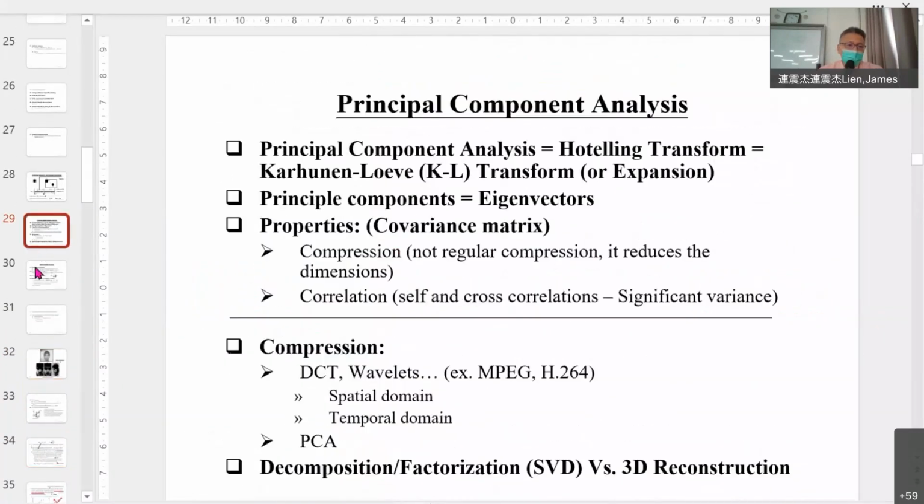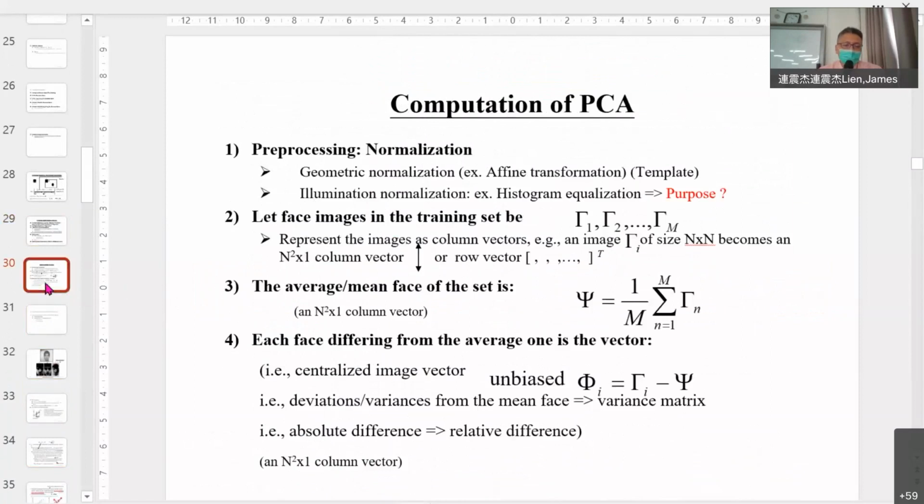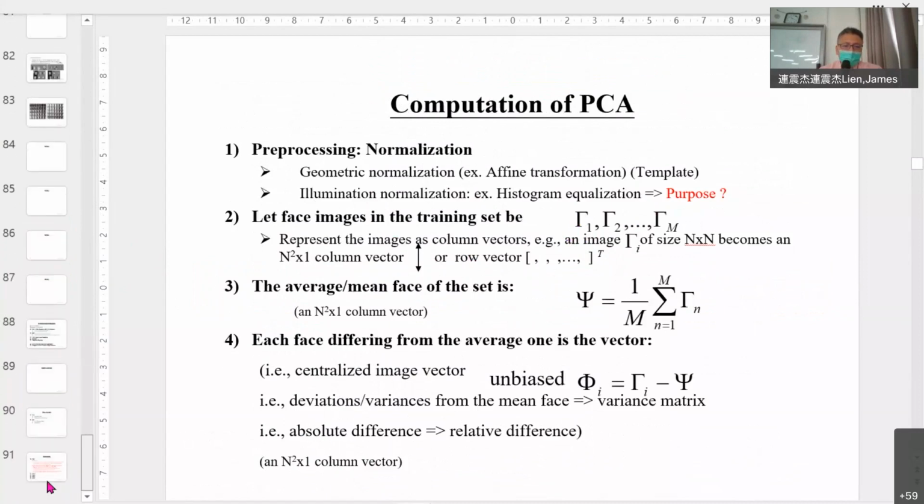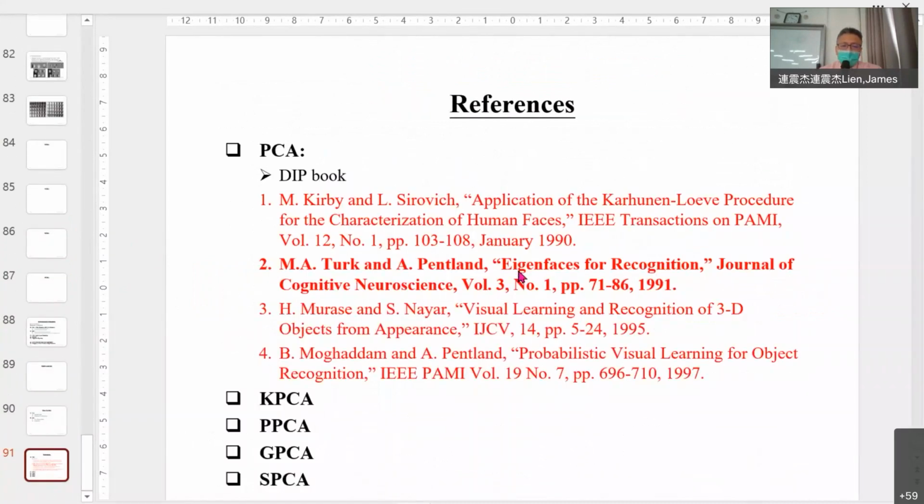For the mathematics, I will go back to page 30. Suppose we have these images. In the last page of my lecture, we'll list the reference. This lecture is based on this paper, and even though it's old, it's important.